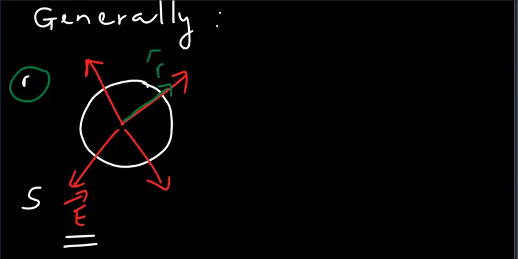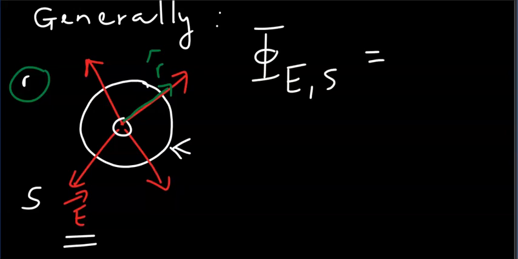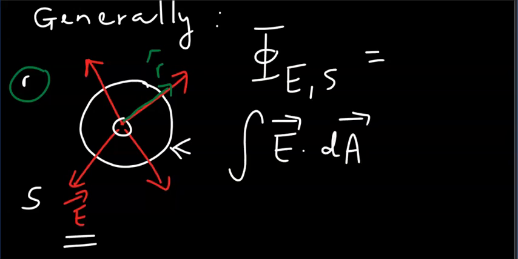Since the electric field now, although it may have the same magnitude at a fixed distance from the center, has a different direction, we should treat it as a non-uniform electric field, at least as far as the direction is concerned. So to calculate electric flux for this case, we have to integrate that dot product that we introduced earlier, like that.